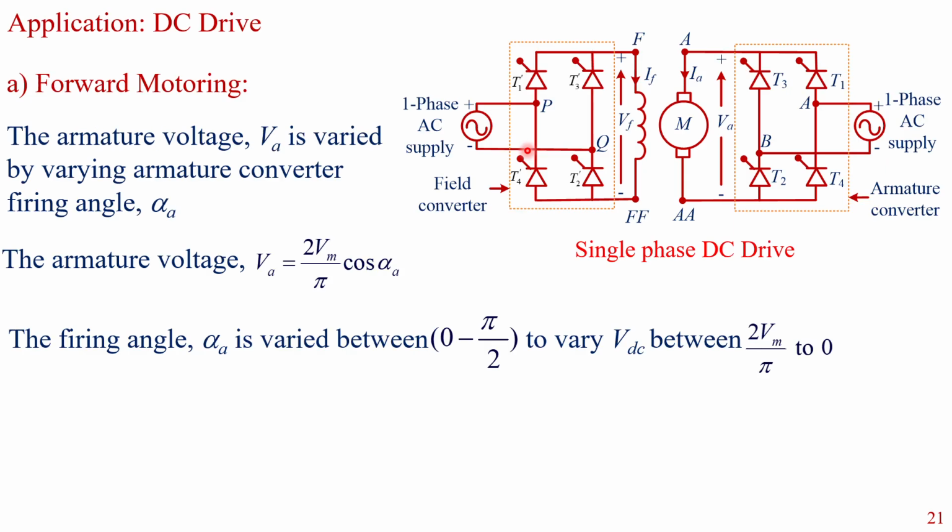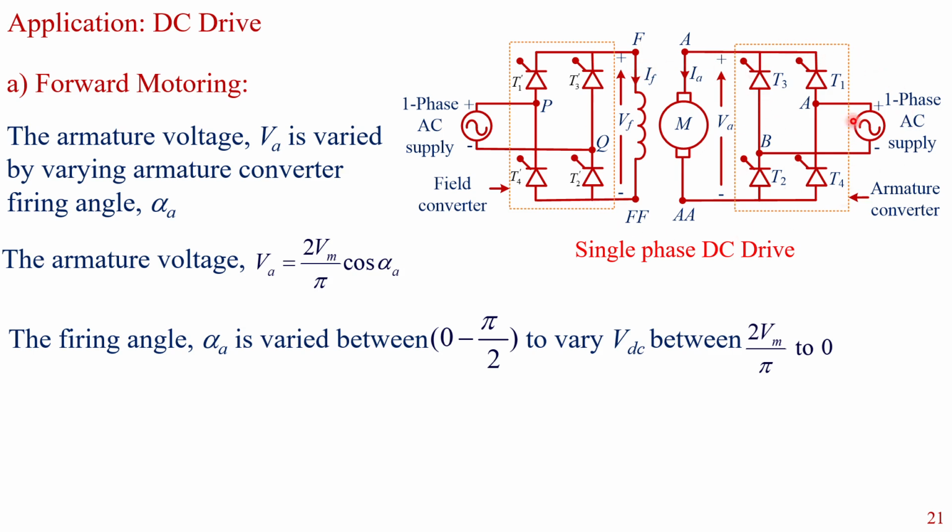Before closing, I want to discuss one application of the single phase full converter. This is a single phase DC drive. The armature and field are excited by two separate converters.